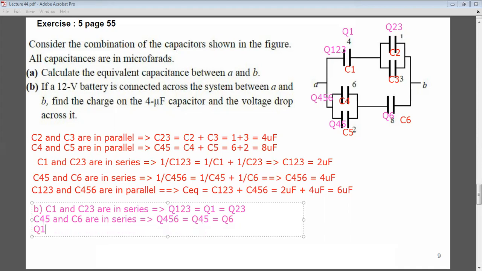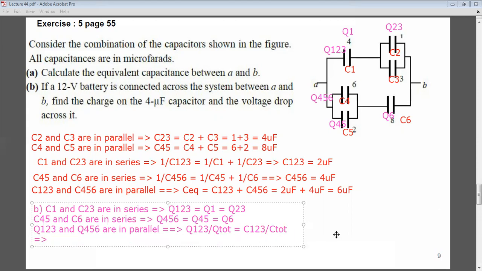Now, Q123 and the Q456 are in parallel. Over here, I have to use the formula Q123 divided by Q total is equal to C123 divided by C total, implies Q123 is equal to C123 times the Q total divided by C total. Okay, what is C123?